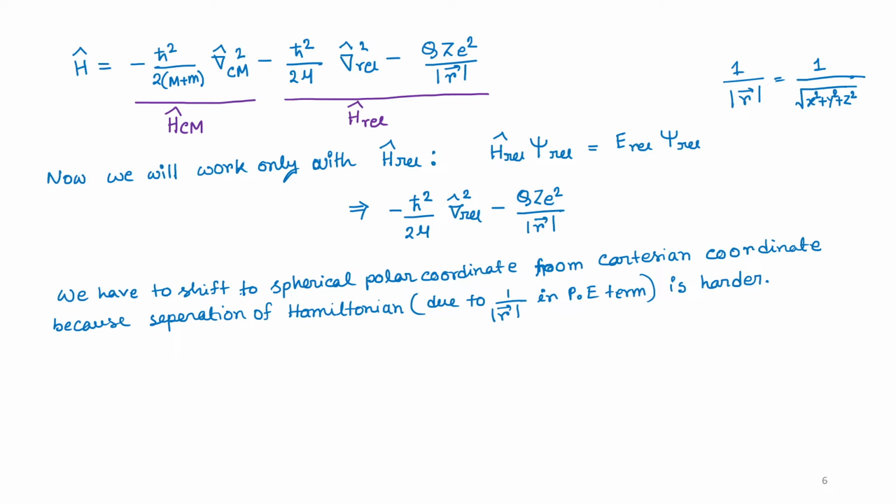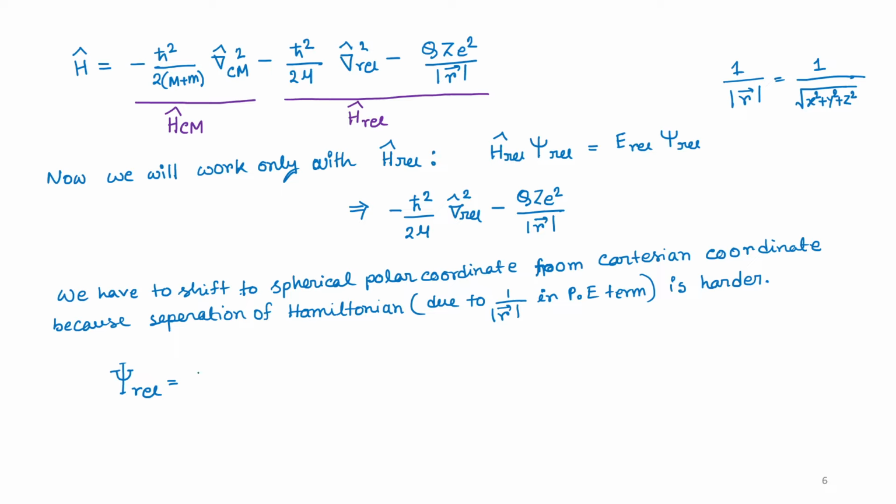And for that, we can now show that my psi relative, what we were earlier using, because now we are going to have three dimensions, that is for our spherical polar coordinates r theta phi.